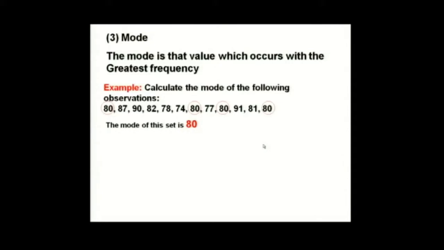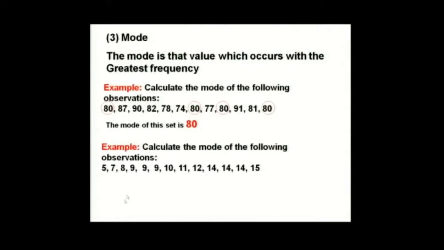Now, in some situations, the mode will not be as clear as it is in this set of data. So let's take a look at this example. We see here that if you try to find one value that's repeated the most in this data set, you may not be able to.